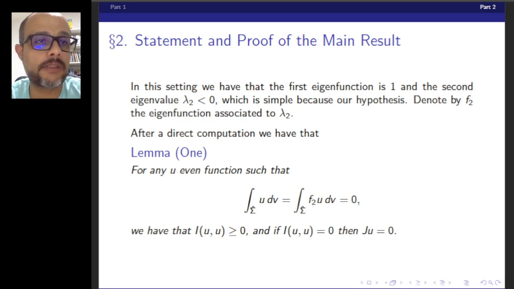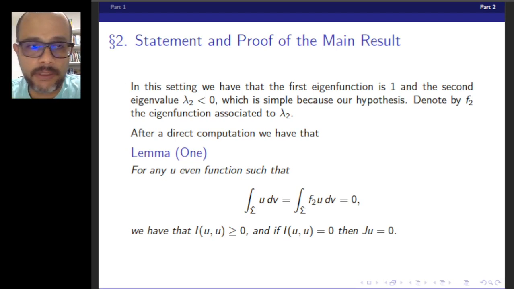And the second eigenvalue is negative because we are assuming that the index is equal to 2. Okay? If the index is equal to 2, then this second eigenvalue is simple too. Okay? We denote by f2 the eigenfunction associated to lambda 2.